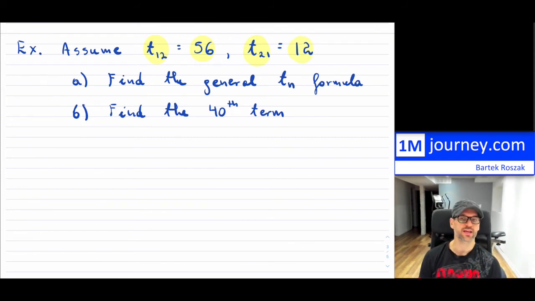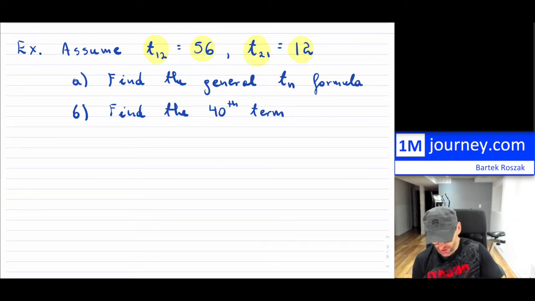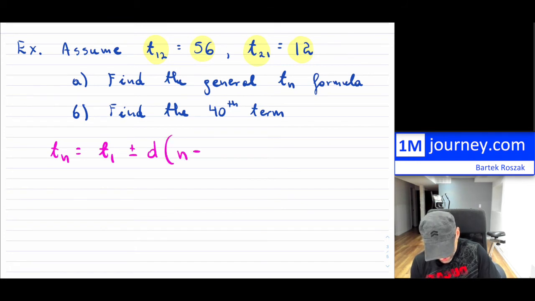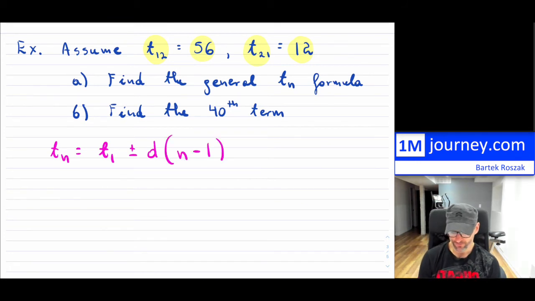And now what if they say find the general Tn formula, or the Tn expression? Well, you would say, well, that's interesting. Tn is supposed to be equal to my term 1, you know, plus or minus whatever it is increasing or decreasing by. Okay, that's d. And then I'm going to be multiplying it by n minus 1. Okay, so that's nice. But now, I don't know d.